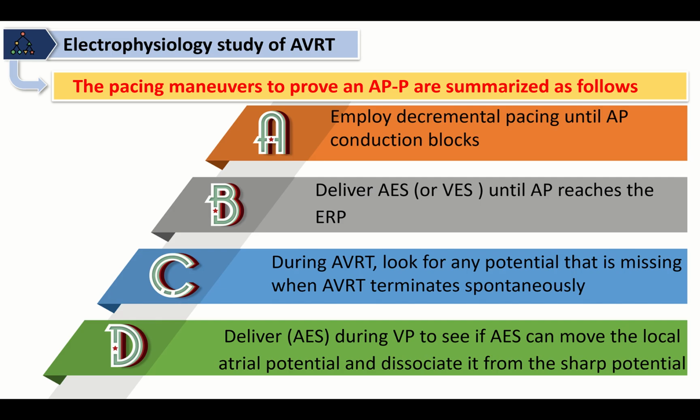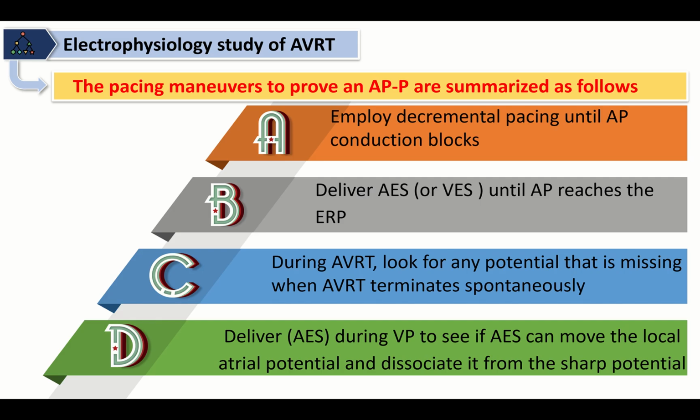Number 1, employ decremental pacing until accessory pathway conduction block. Number 2, give an atrial extra stimulus until the accessory pathway reaches ERP. Number 3, during AVRT, look for a potential that is missing when AVRT terminates spontaneously, to confirm it is an accessory pathway potential.